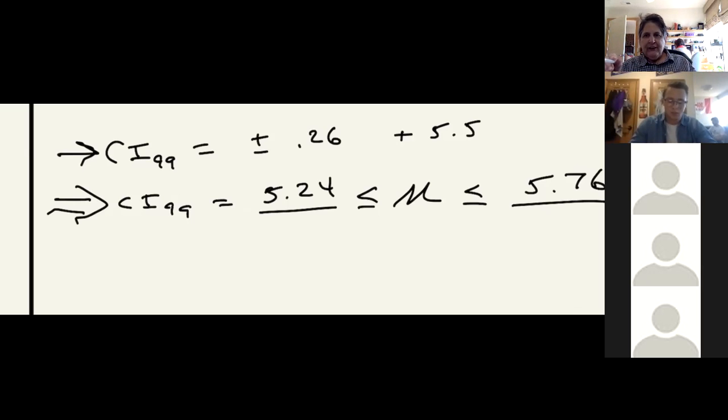She mentions very briefly that the more people you can have in your sample, the better you are at computing this margin of error. You'll become more accurate. And here's why that's true. It comes down to this part of the formula, the standard error part of the formula. S over the square root of n.